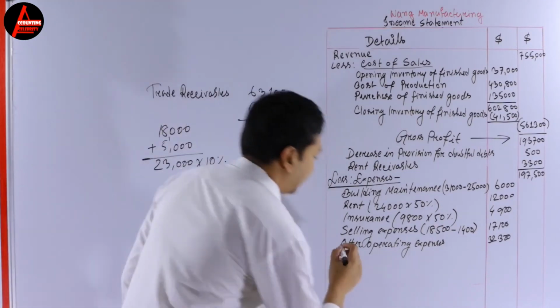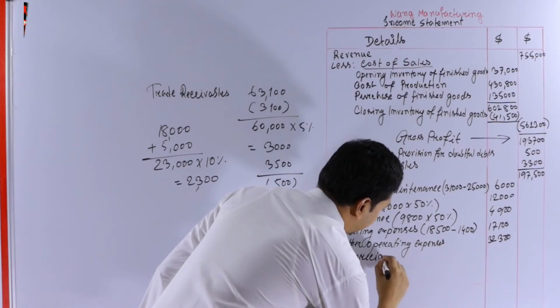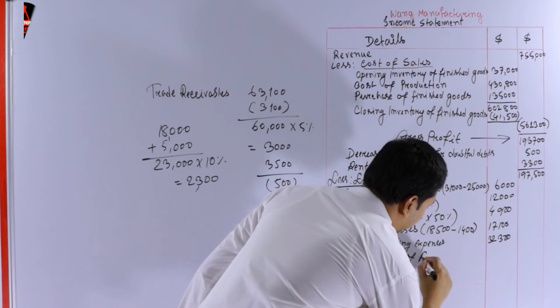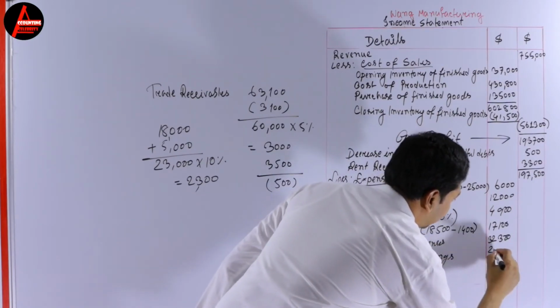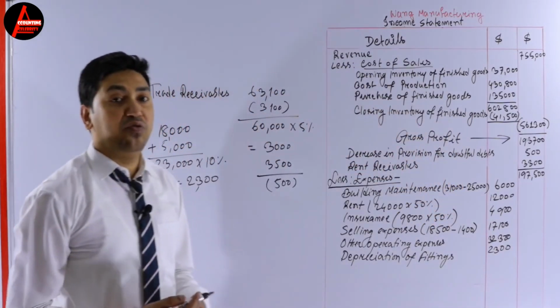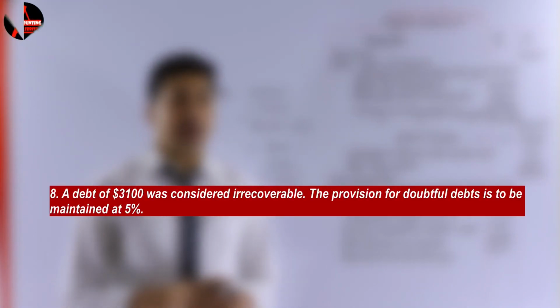So now let us write here depreciation of fitting, $2,300. Now what we have? Yes, we have one more item. Look at the adjustment number 8.